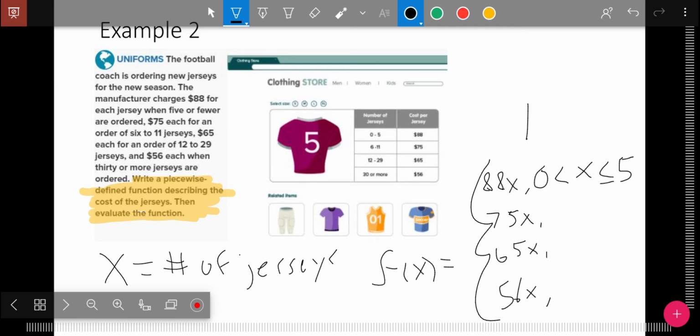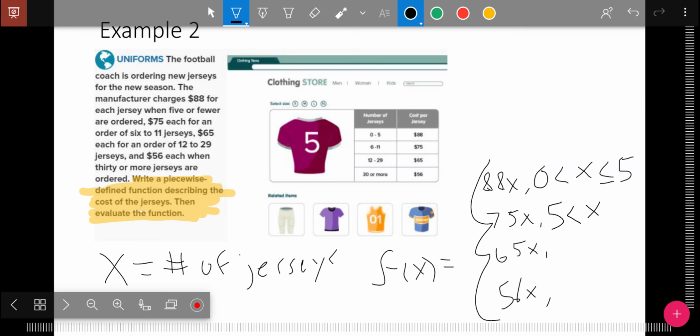If you wrote this one like this, would that be wrong? No, that would fit this situation just fine because I have to buy whole jerseys. But I'm just trying to get you used to the fact that we're going to have more where it can be a 0.1 or a 0.2. And so anything more than 5 would go on to the next one. I guess more than 5 here has to be a 6th jersey.